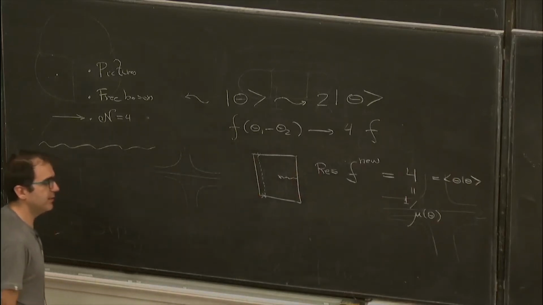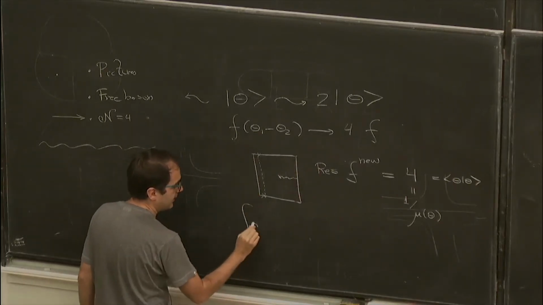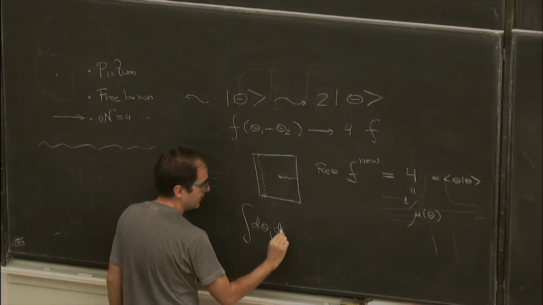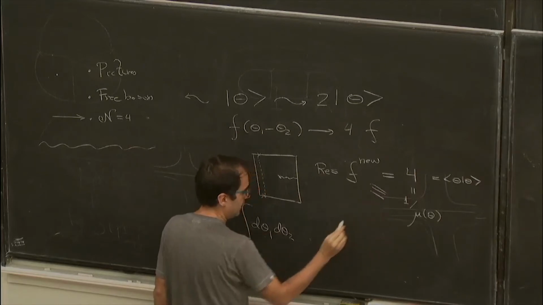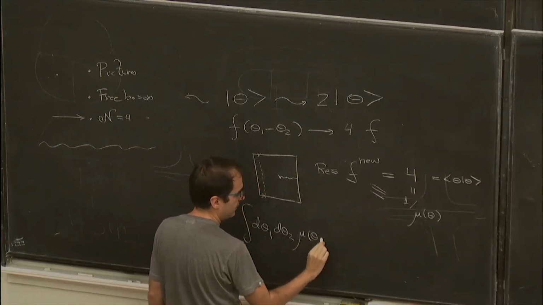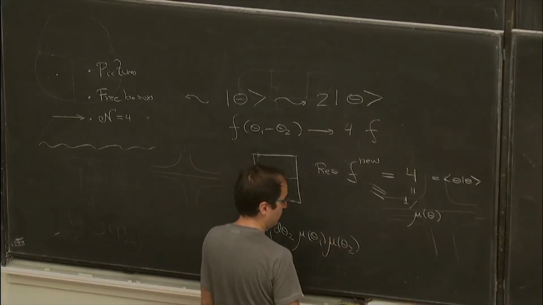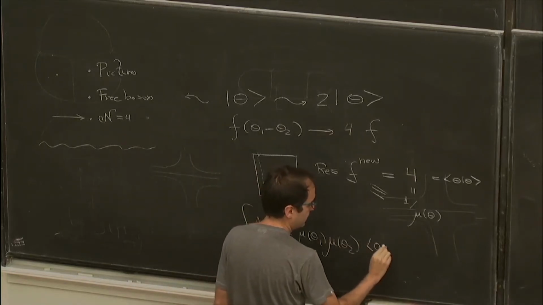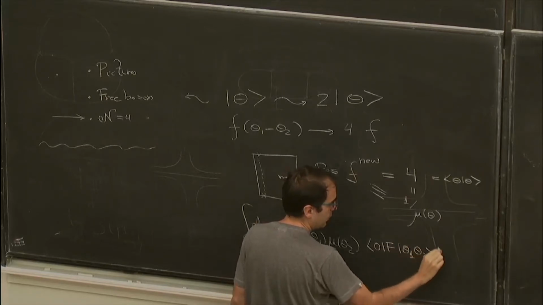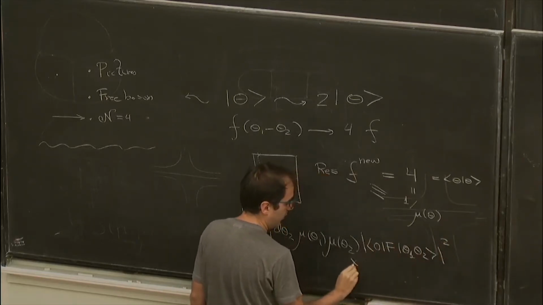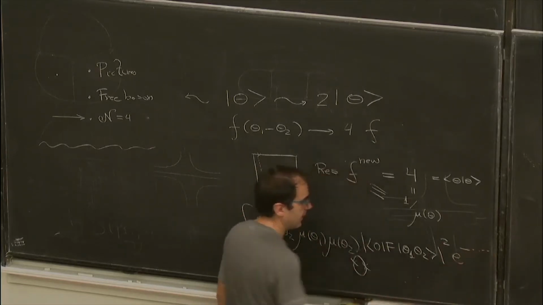Let me just be a bit formal, let me explain. When I integrate d theta 1, d theta 2, I should always integrate with a measure mu of theta 1, a measure mu of theta 2, times the form factor, for example squared, if I wanted to do, say, this loop, times e to the minus and so on.